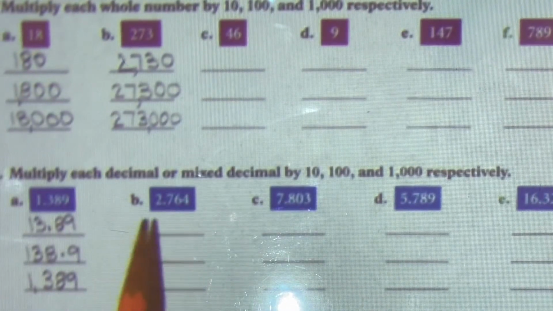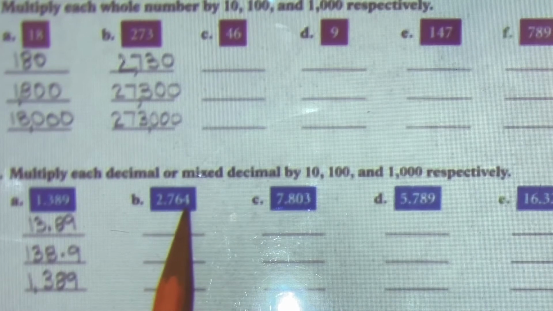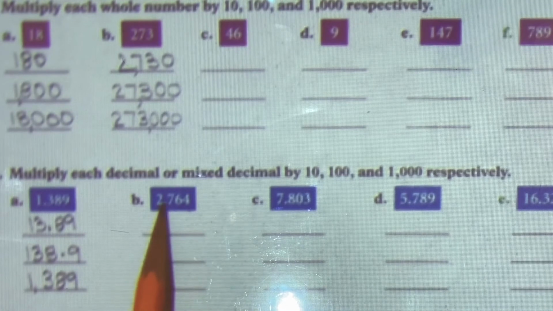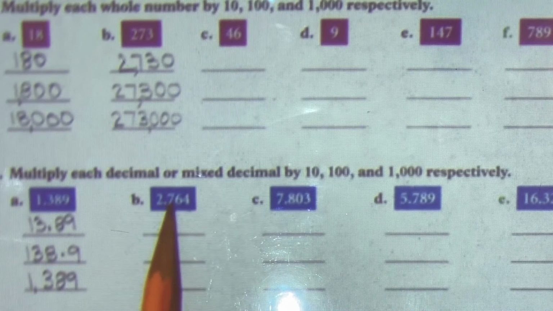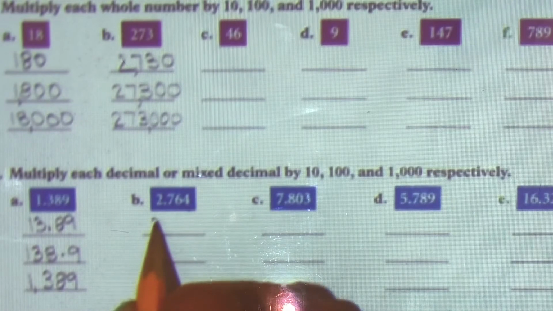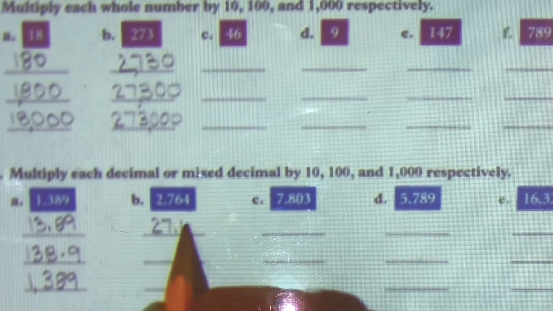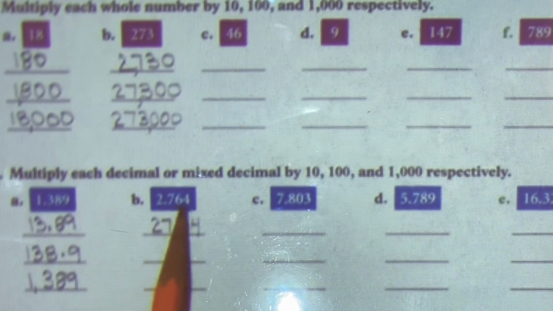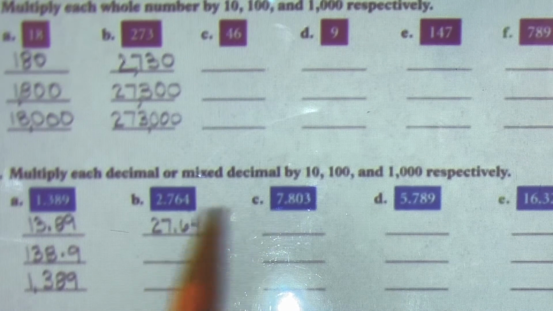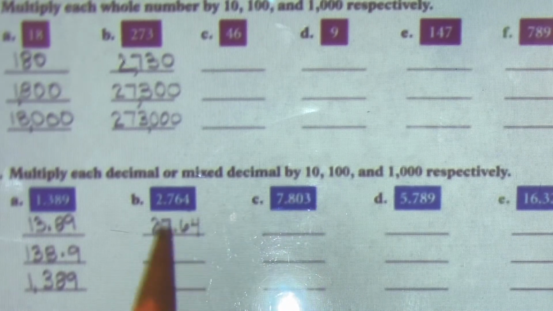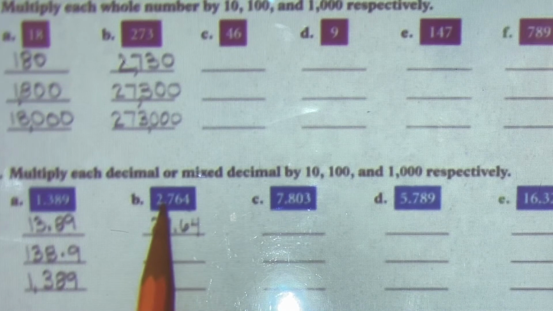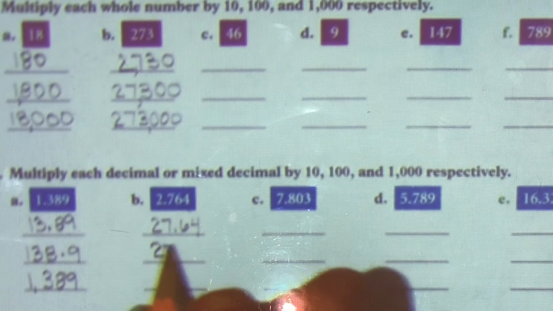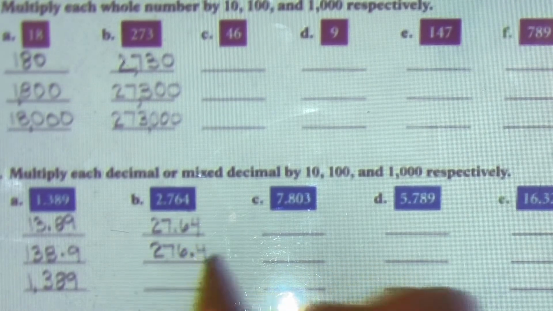On letter B, it says 2.764, and we are multiplying that by 10. It means that I'm moving the decimal point 1 place to the right. So that's going to be 27.64, okay? 2.764, if I multiply that by 100, it means that I'm moving the decimal point 2 places to the right. 1, 2, that's going to be 276.4.